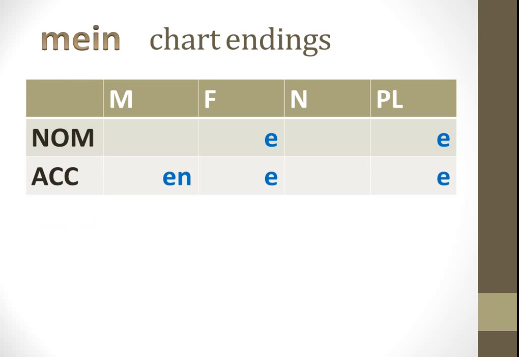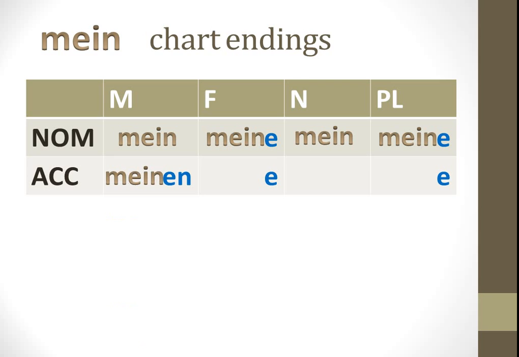So the mein chart. It would become mein, meine, mein, meine, and then the accusative case, meinen, meine, mein, meine. You could do the same with dein, sein, ihr, unser, euer, etc.